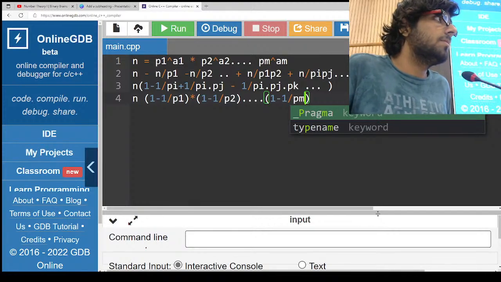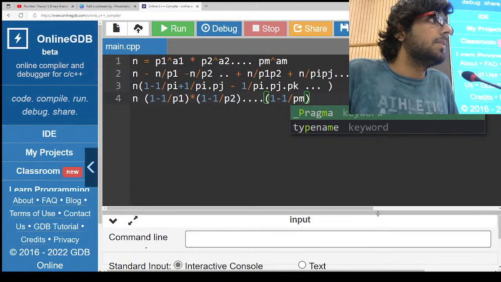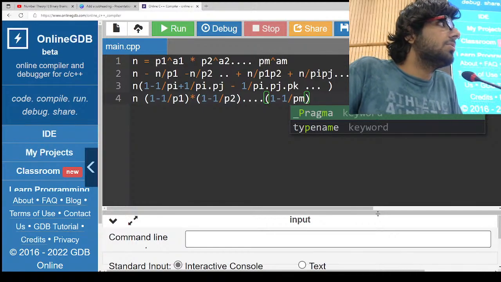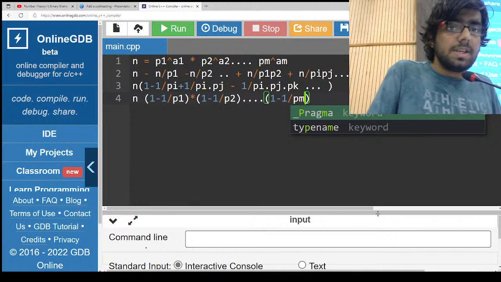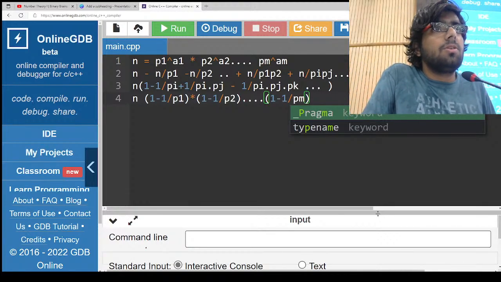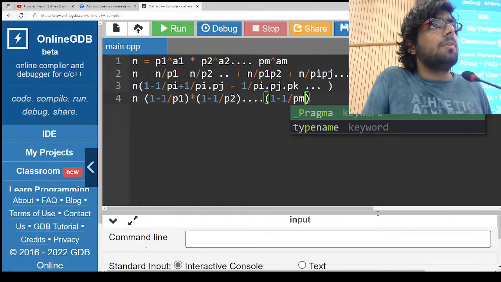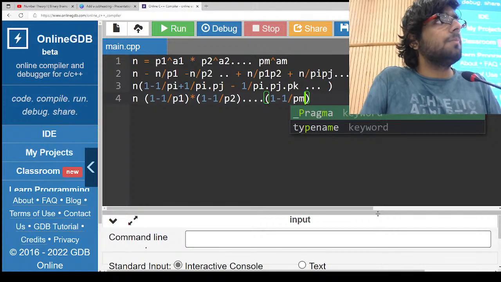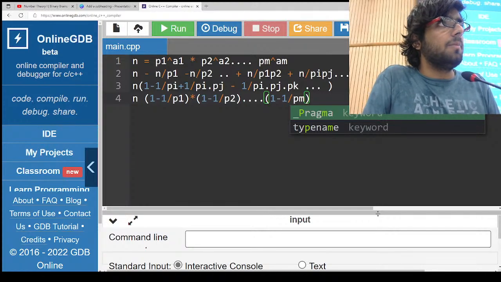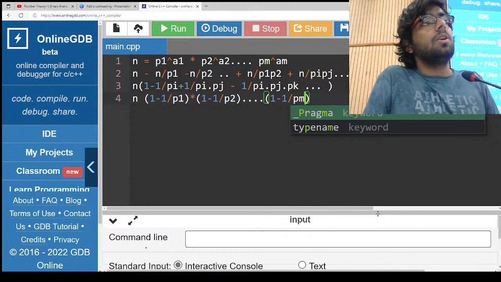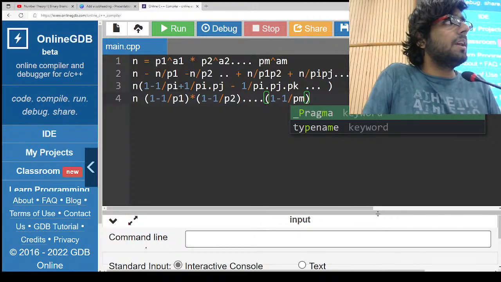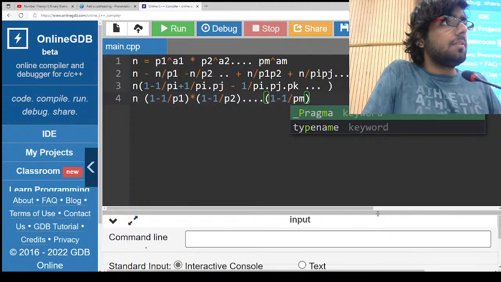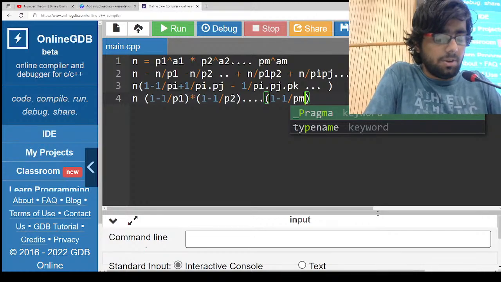So, summation of 1 by x is less than or equal to log x, I guess you must know. For the proof, the complexity of sieve will be n plus n by 2 plus n by 3 plus n by 4 till n by n, right? Now if we take n in common, it will be 1 plus 1 by 2 plus 1 by 3 till 1 by n. And we can note that this sum is less than or equal to log n, like 2 log n.